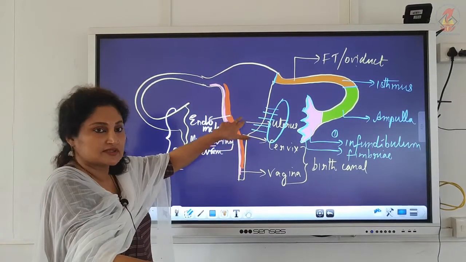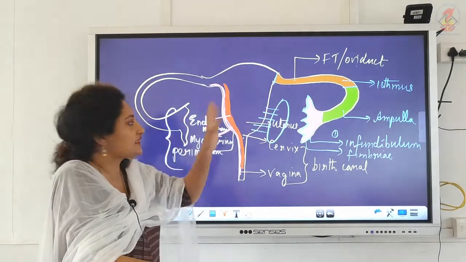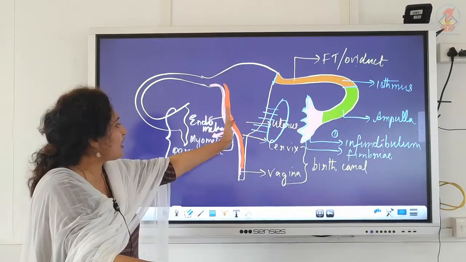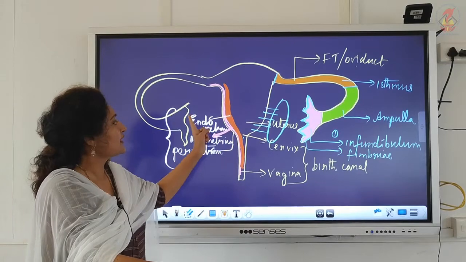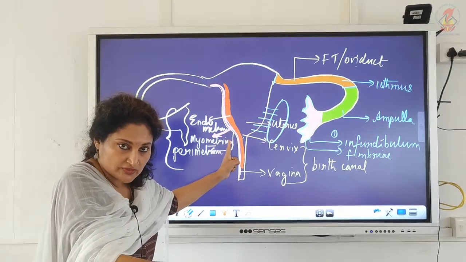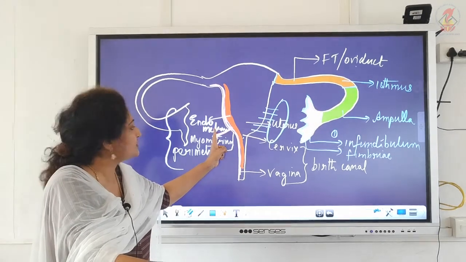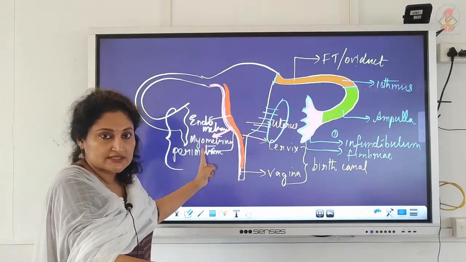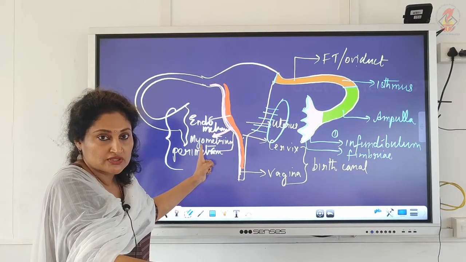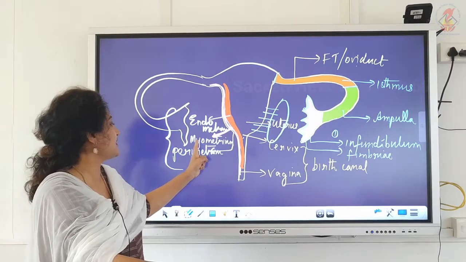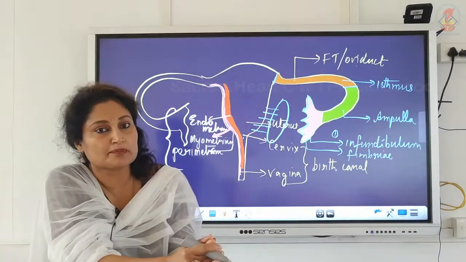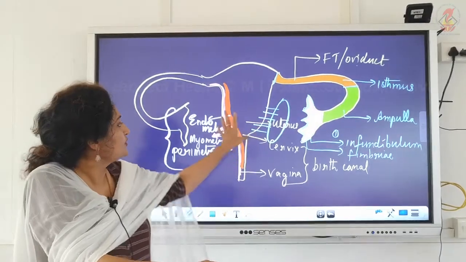Now it is thick; at certain stages there is variation in its thickness. It is highly glandular. So from in to out, the endometrium is the innermost layer, which is highly glandular and shows cyclical changes during menstruation. Then outer to that is the myometrium, which is muscular and helps in contraction at the time of childbirth, and the outermost layer, the perimetrium, helps in protecting the uterus.